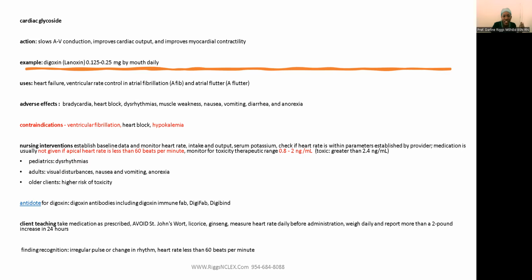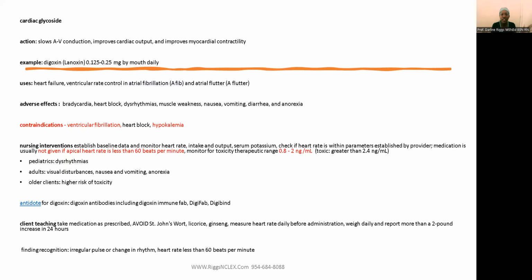Now, digoxin is for atrial fibrillation and atrial flutter. Atrial, atrial, atrial. It's contraindicated with ventricular problems. Don't mix that up. One more time. Digoxin is for atrial problems.